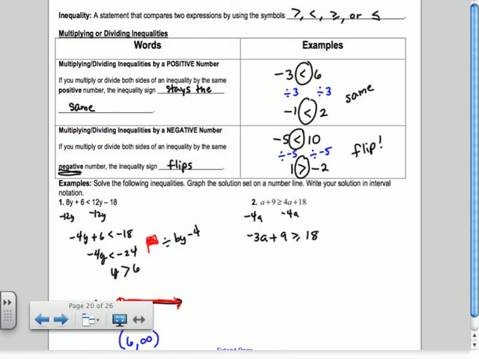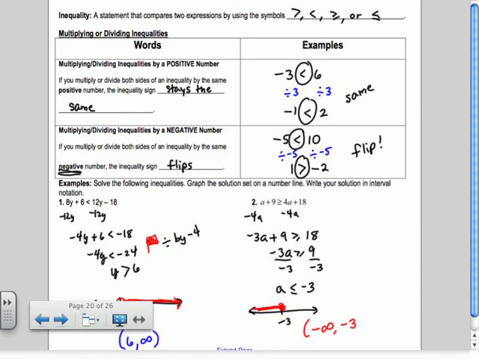Subtract the 9 over, you get negative 3a is greater than or equal to 9. This is when you divide by a negative. So you need a is less than or equal to negative 3. So when you do your interval notation, you include negative 3, and you do everything on the left. So it's parentheses, negative infinity to negative 3, bracket.